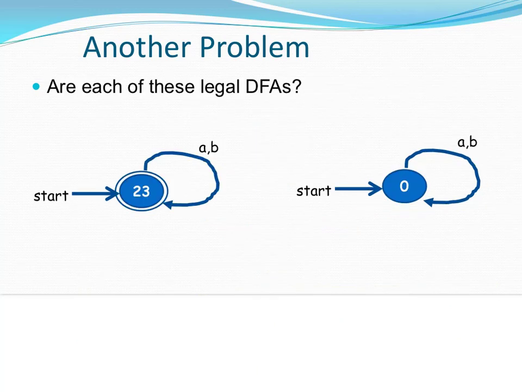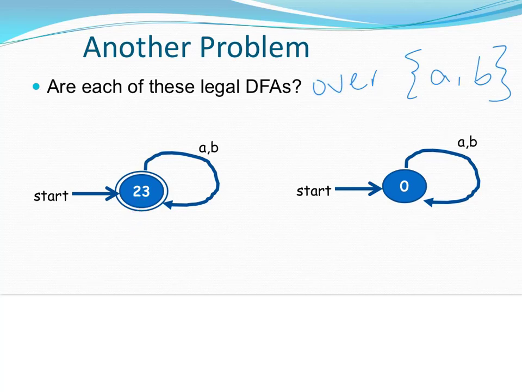Okay? And here's a question. Are these both legal? So take a look. Are they both legal DFAs over the alphabet AB? So pause, think. So yeah, they are. There's nothing wrong with me labeling a state as 23.